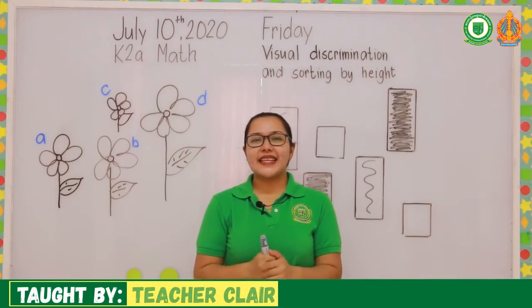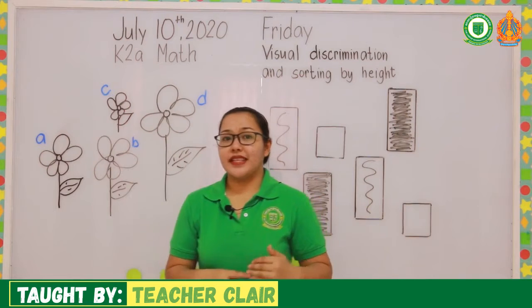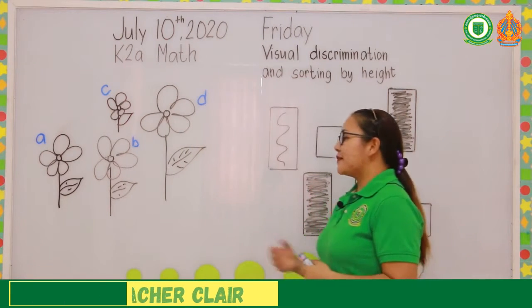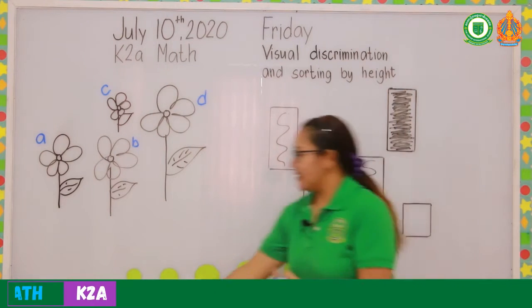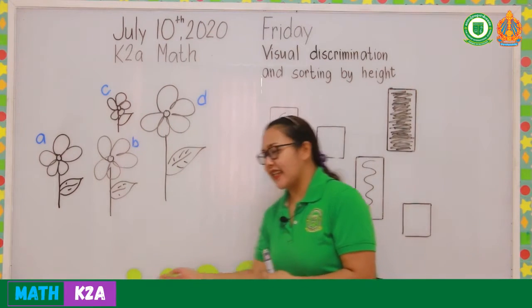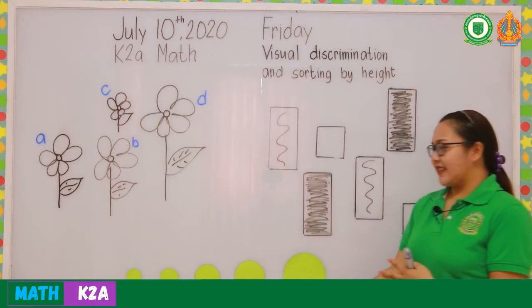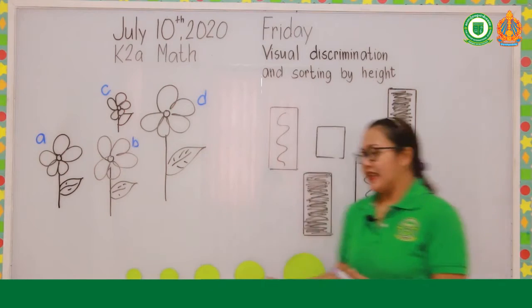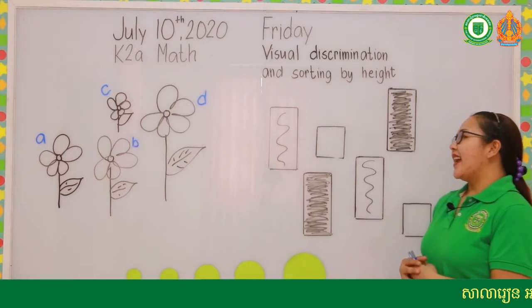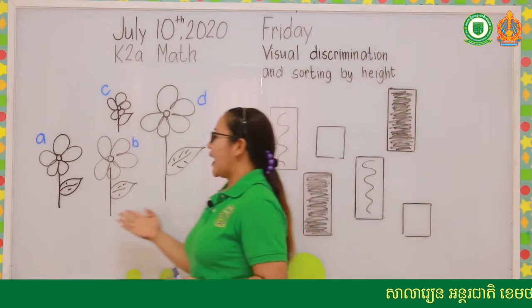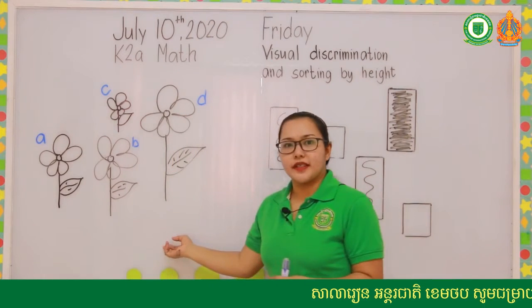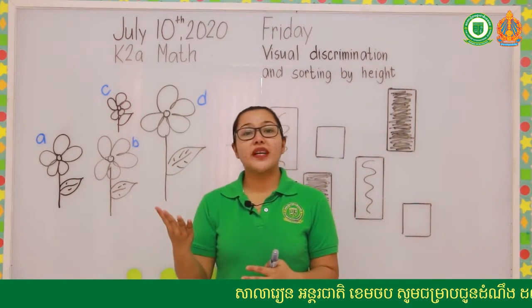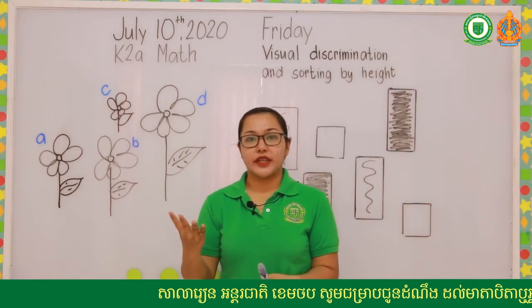Alright, I'm back, kids. Let's have some activity, okay? So look at the board. Again, what's this? The smallest and the biggest. Now let's have some activity. Look at the board. I have here 4 flowers.